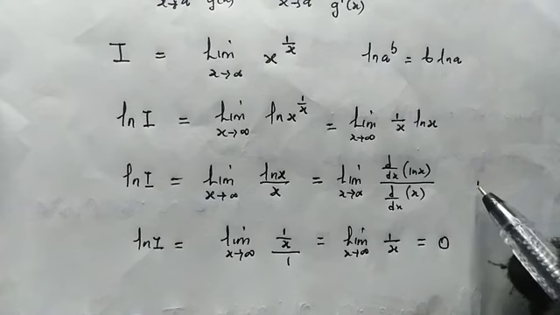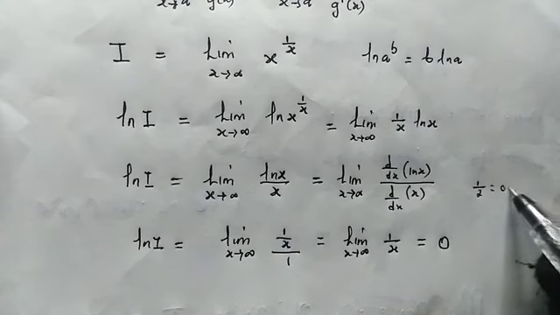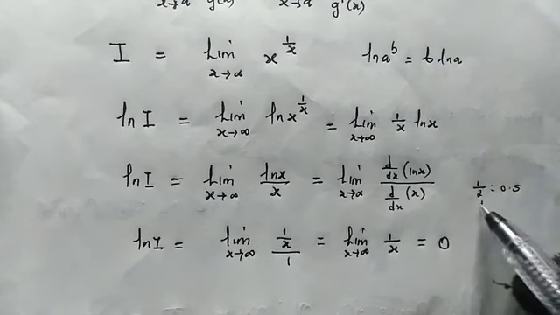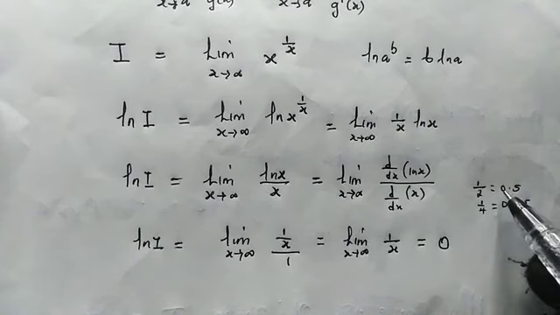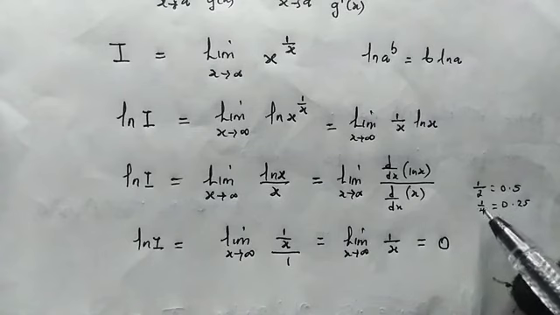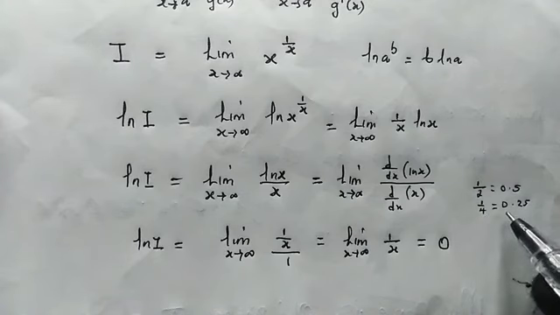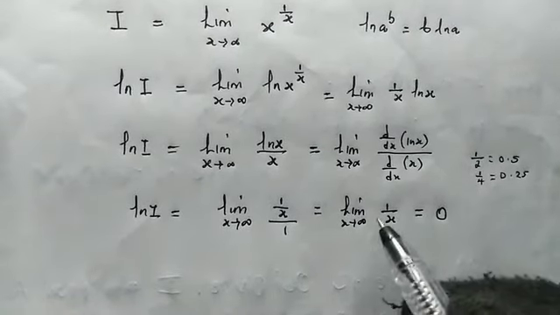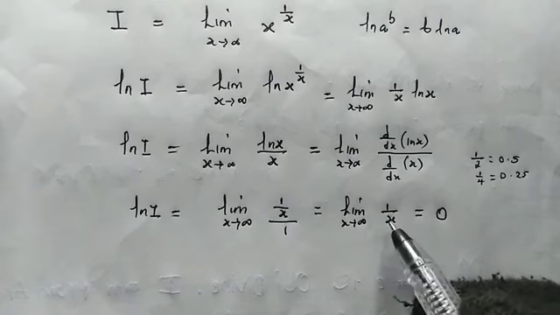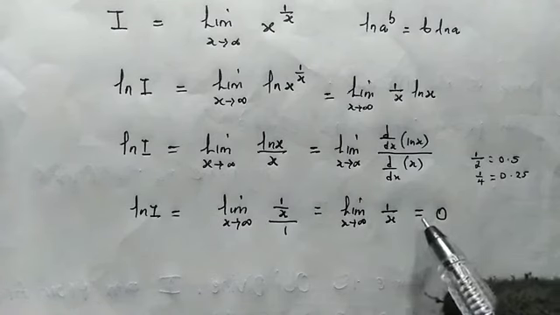Consider this: 1 over 2 is equal to 0.5, 1 over 4 is equal to 0.25. We can see that the value is getting smaller. As the denominator gets larger and larger, the value tends to 0. So this explains that the limit of 1 over x as x approaches infinity is 0.